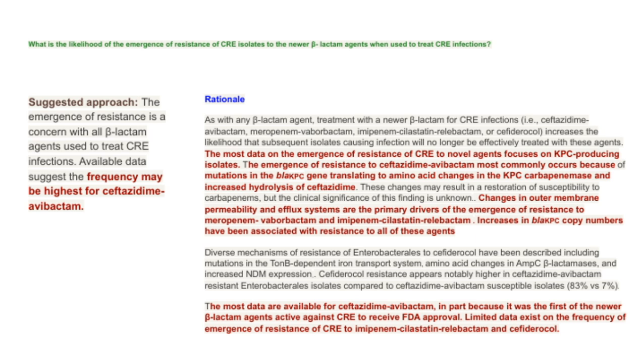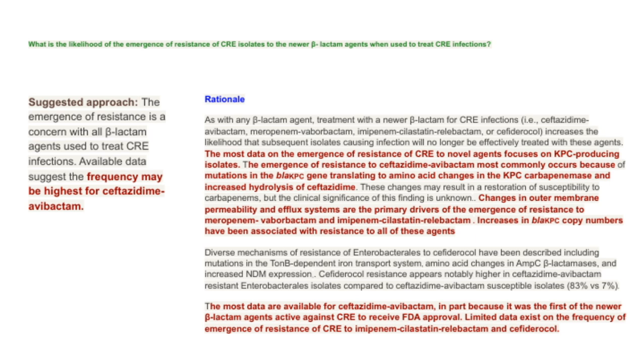Resistance to ceftazidime-avibactam, for example, often occurs because of mutations in the blaKPC gene. These mutations lead to changes in the enzyme, making it better at breaking down the drug, particularly ceftazidime. Interestingly, such mutations can sometimes restore susceptibility to carbapenems, but what that means clinically is still uncertain.